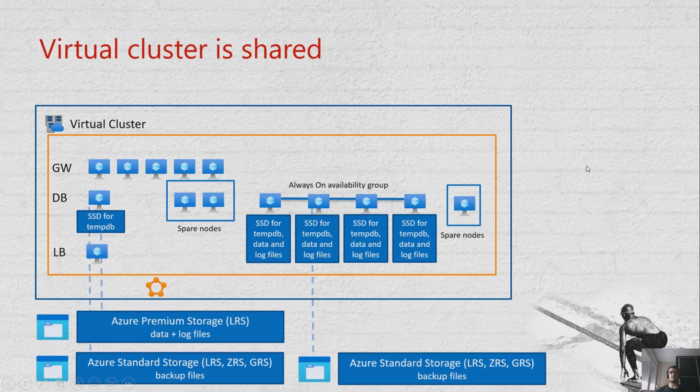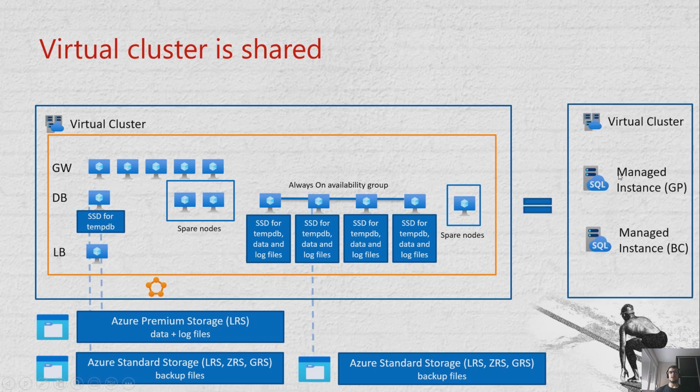And how is this visible for the customers from the resource perspective in Azure Portal, PowerShell, CLI? Well, you see one virtual cluster and you see one GP and one BC instance that you actually connect to and work with.